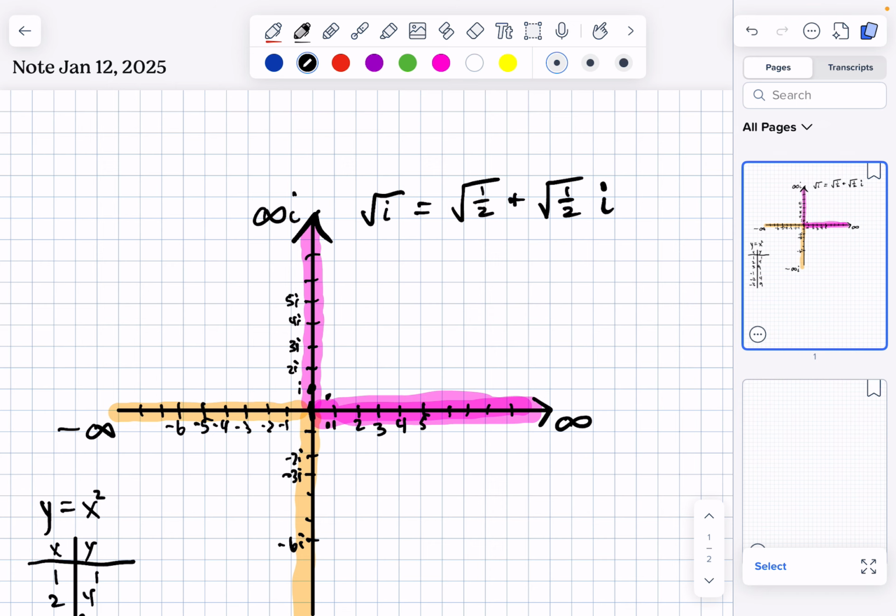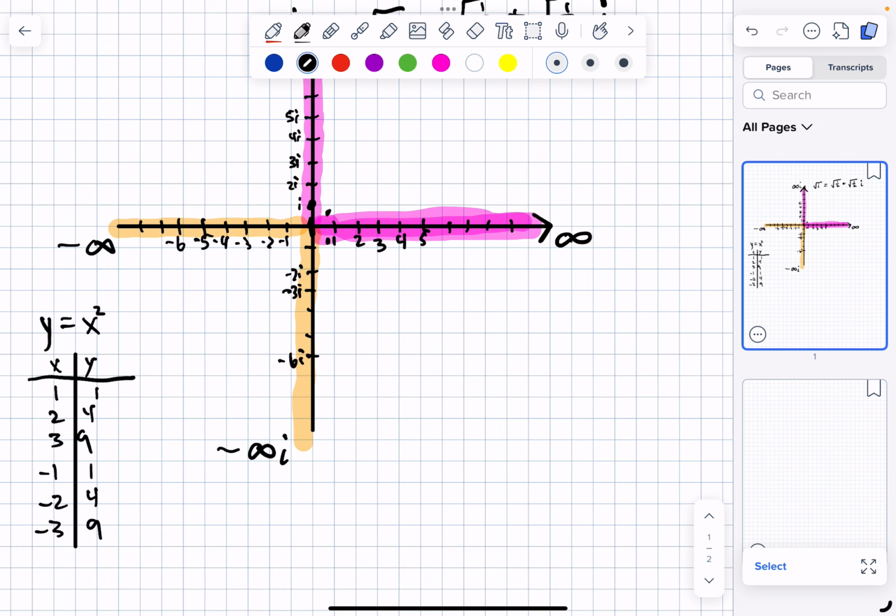Even though I thought maybe it would, because if I ask for the square root of -4, I get plus and minus 2i. So what that tells me is that the 2 still has that same positive negative property that it had before.